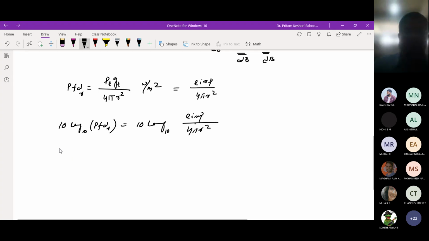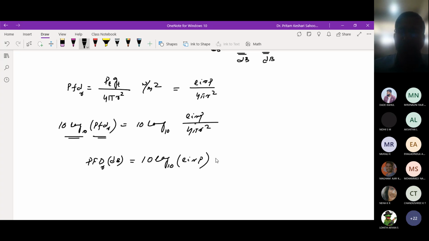When I take the logarithm, let me express this as the capital power flux density at a distance r, which will be in unit of dB. This expression we can write as 10 log base 10 of EIRP minus 10 log base 10 of 4 pi r square.